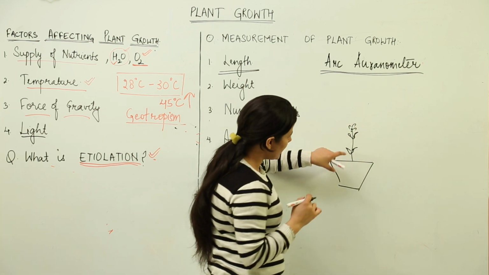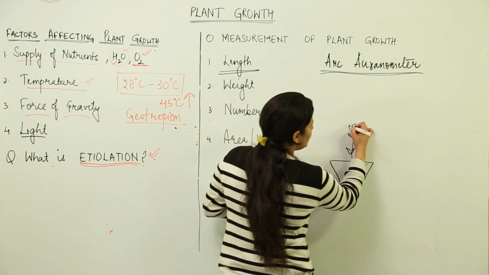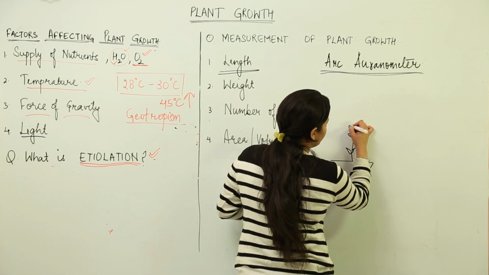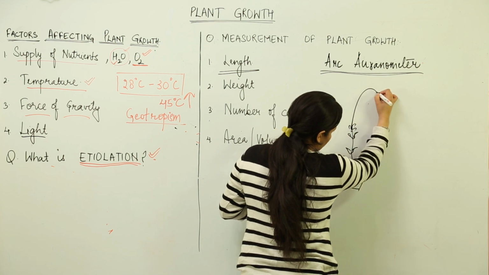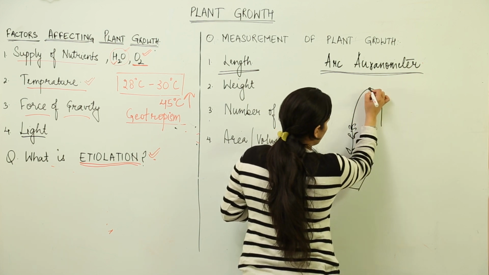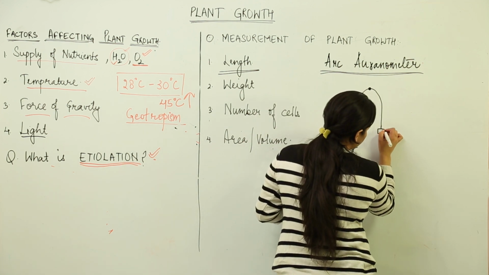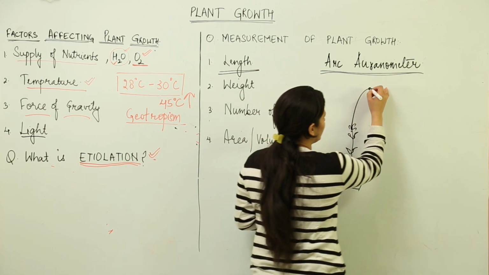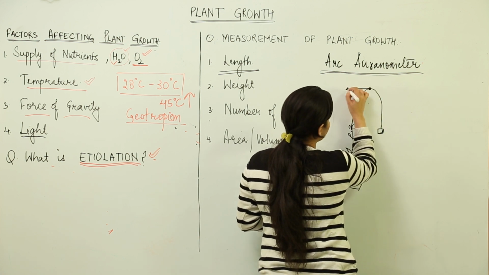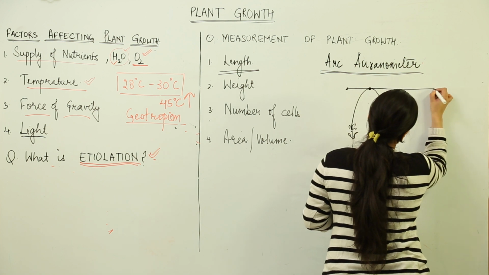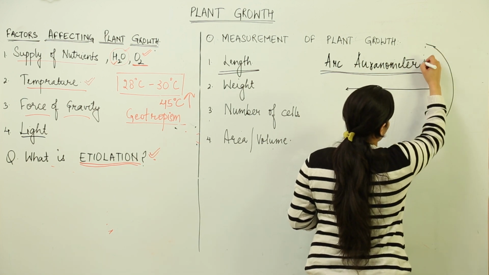Now what we do is we have to understand how much growth has taken place in terms of length. So we tie a thread at the tip of this plant, and this thread is passed over a pulley. This is the pulley, and a small weight is tied over here. On this pulley we have a needle attached which is connected to a scale basically.